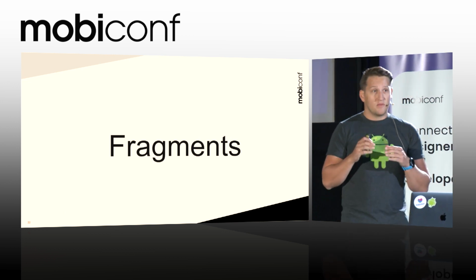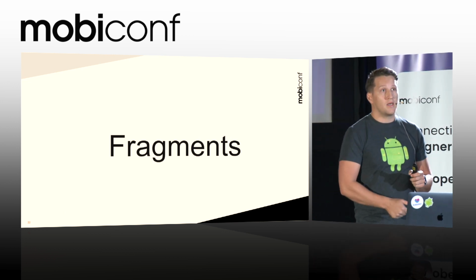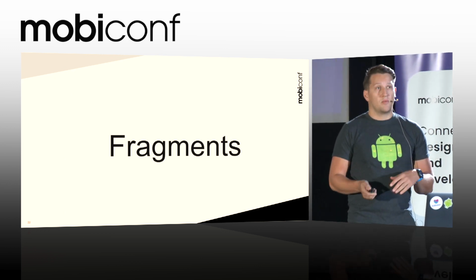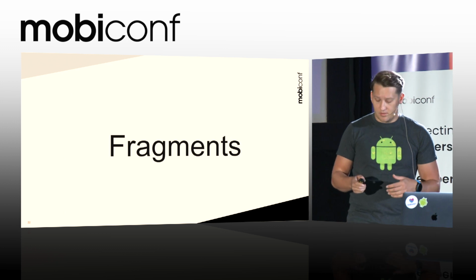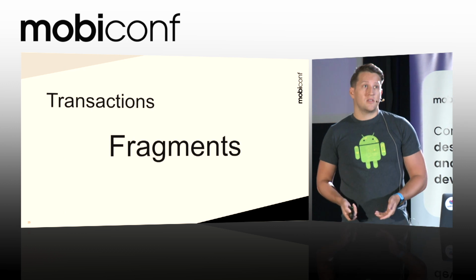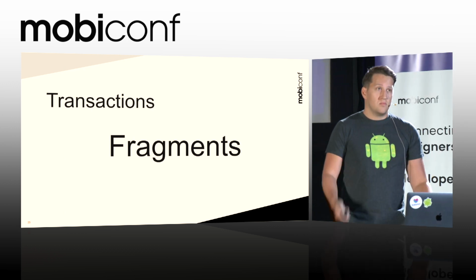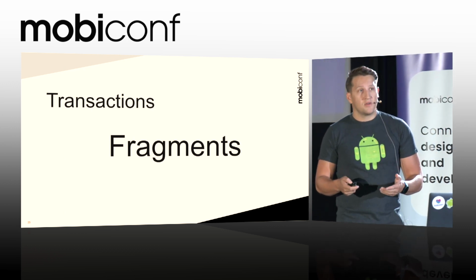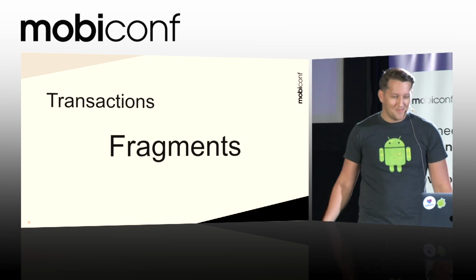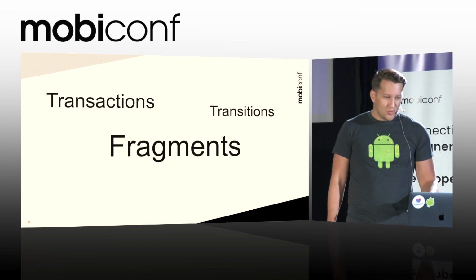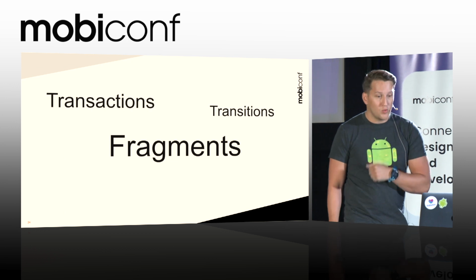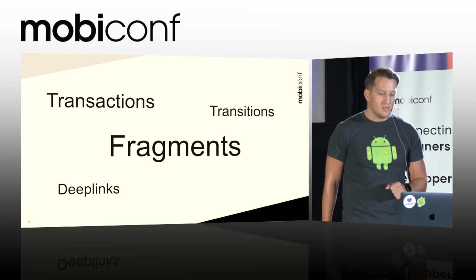But when we are dealing with fragments, when we want to apply just an animation for a single fragment, it can be pretty awkward. Transactions are not easy. They are easy at first, but in time it's not easy. Then transitions between fragments, and deep links.